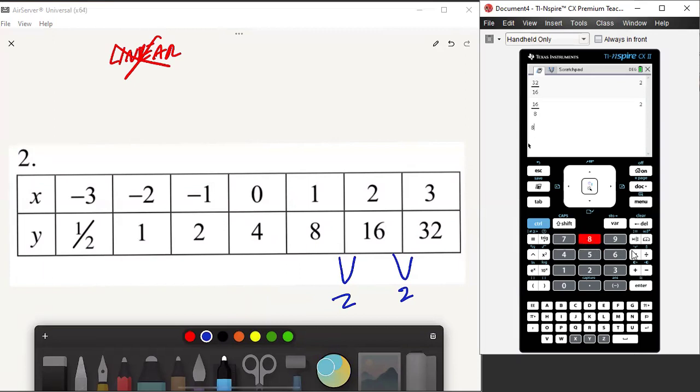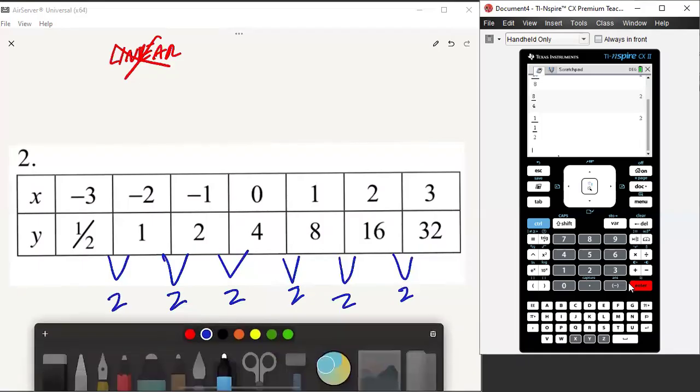If we do 8 divided by 4, that's 2. And then 4 divided by 2 is obviously 2. 2 divided by 1 is 2. And 1 divided by 1/2, so let me show you how you would do that. You would do 1 divided by, and then I'm going to use a step fraction, 1 over 2, and that's also 2.